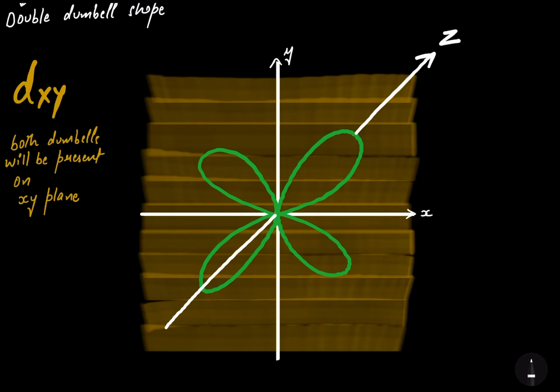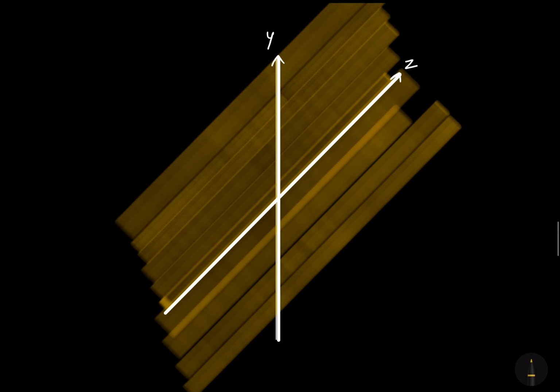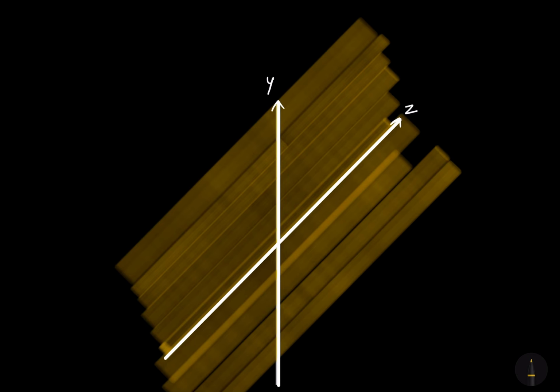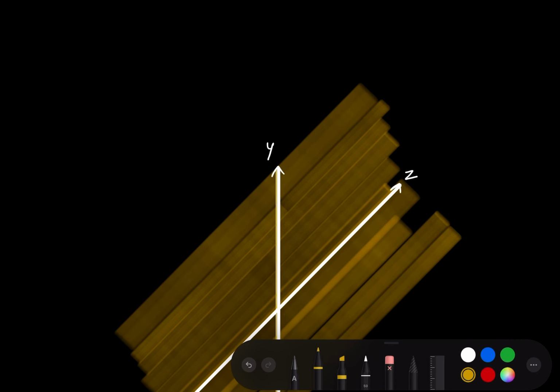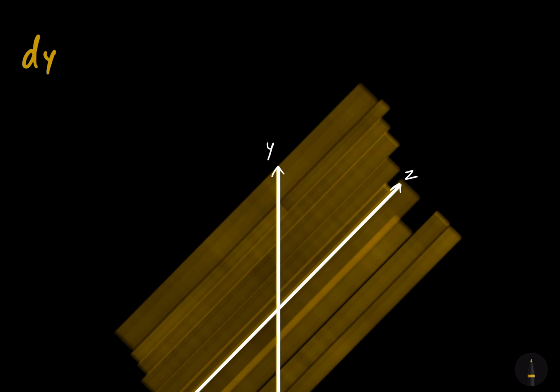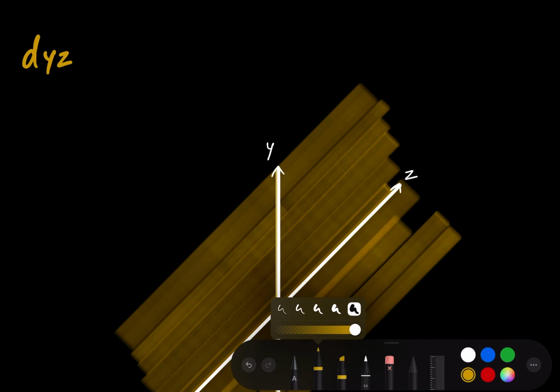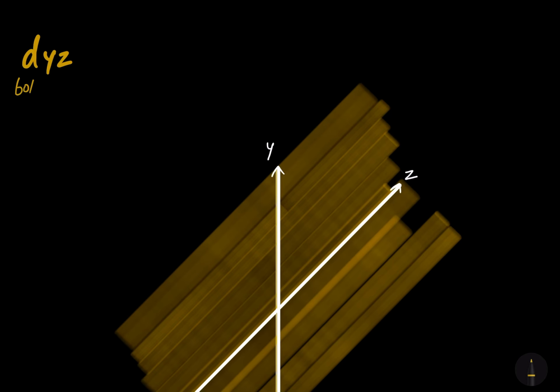Now let's move to the next one. Now this is the yz plane. So I'm going to draw the dyz. Both the dumbbells will be present on yz plane. I have made the yz plane.